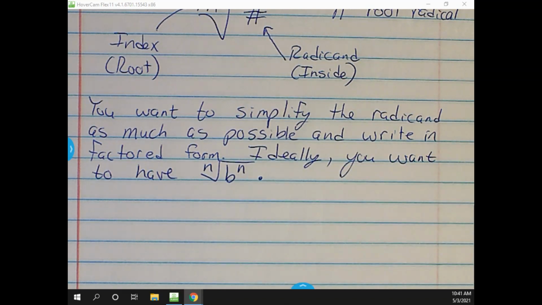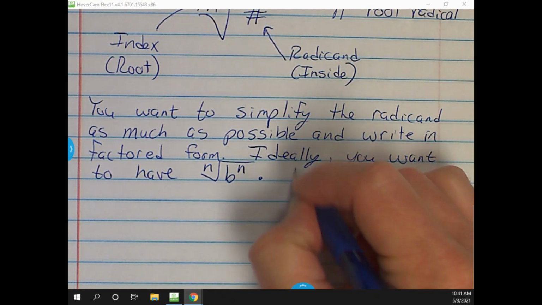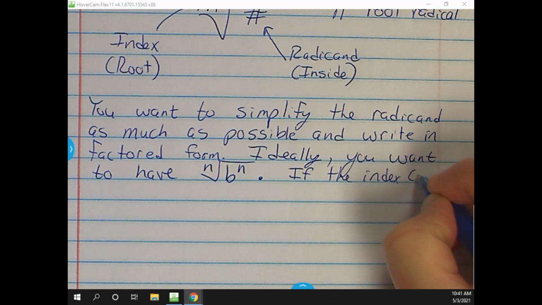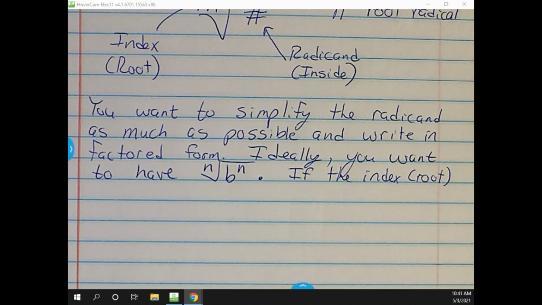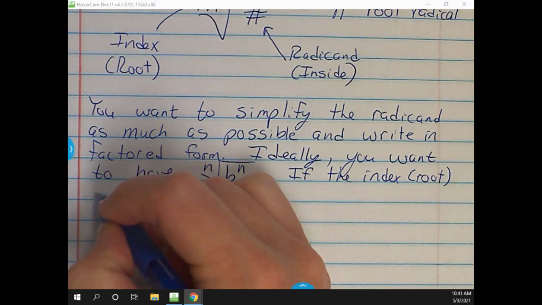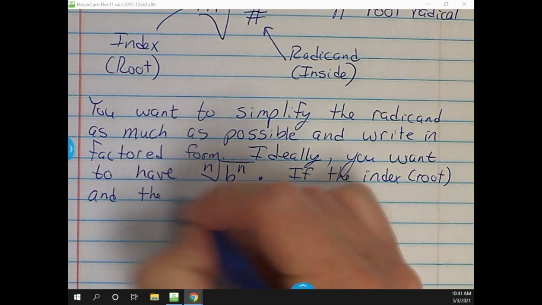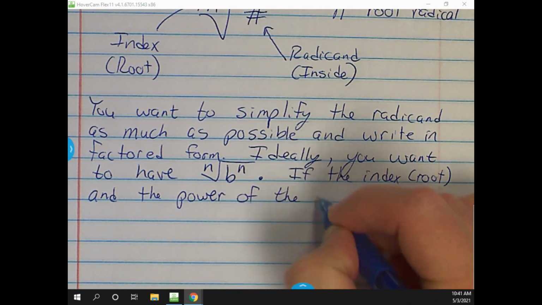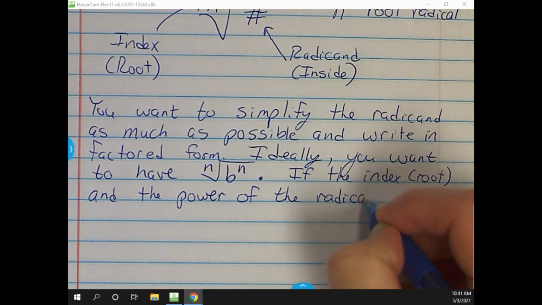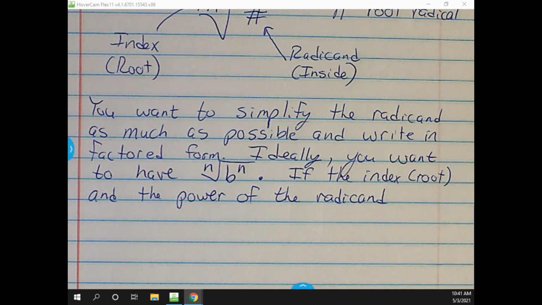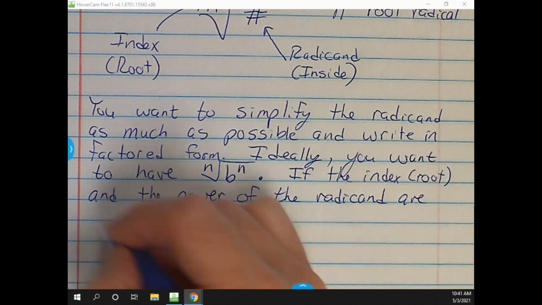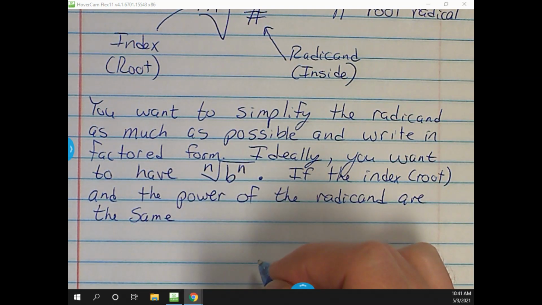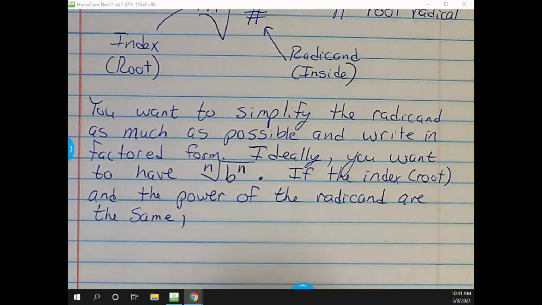And the reason we do that is that if the index, or the root, whatever they want to call it here, and the power of the radicand are the same, then they cancel each other.